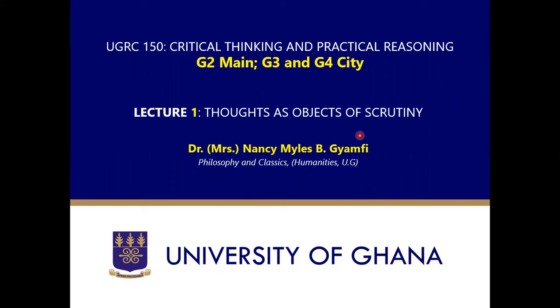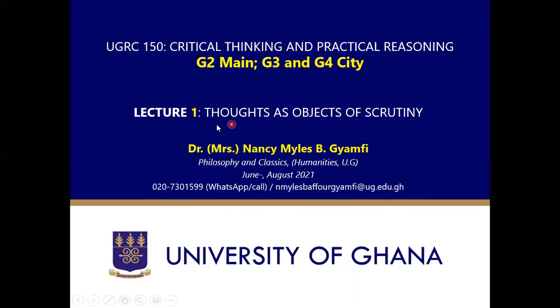So this is 150, which is done by both main and city campuses in both first semester and second semester. For group 2 of main campus, I'll be your lecturer and examiner. Since you are many, there are a number of groups, you should get that clarity.